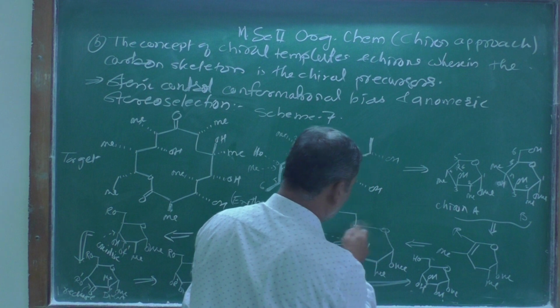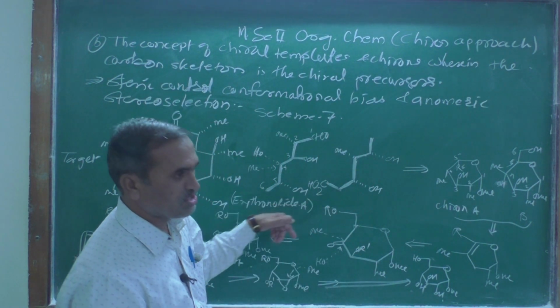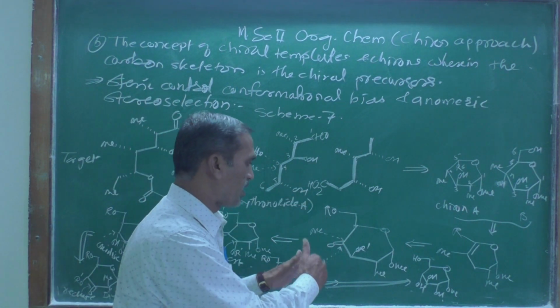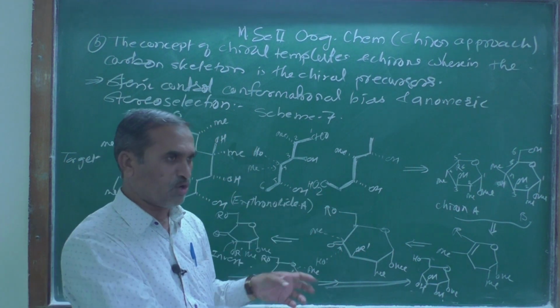And now here is a disconnection. Here is a carbonyl group, so we can insert a methyl group over there, or the hydroxyl just by reduction, or you can carry out the reaction using an organometallic compound.